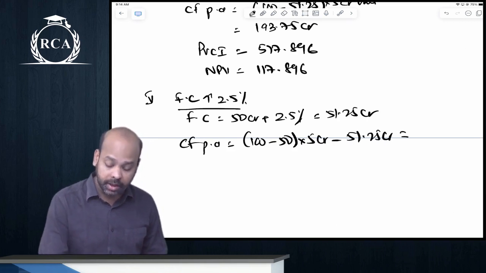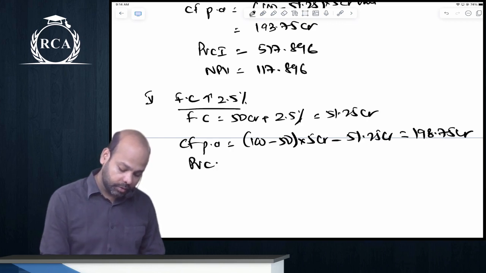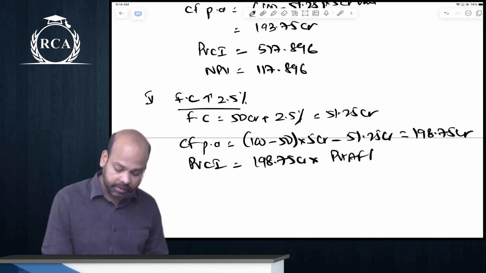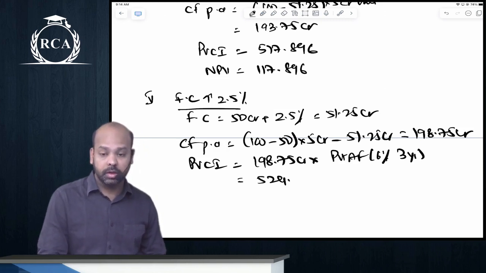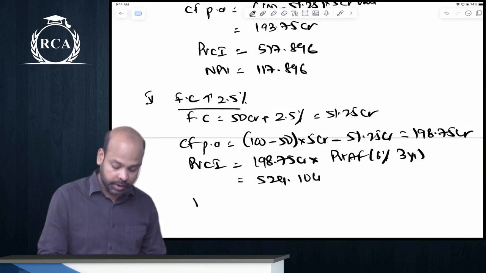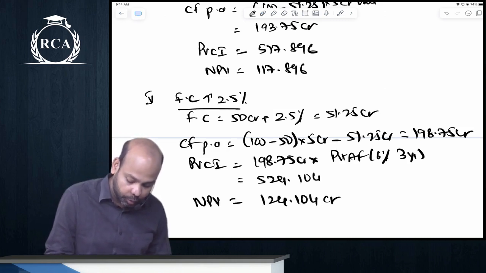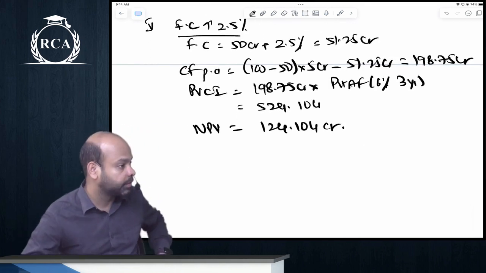So it will become 198.75 crores. PVCI beta will become 198.75 crores multiplied by PVAF at 6% for 3 years. कितना है बेटा ये? 524.104. Therefore your NPV beta, because your initial investment is constant, will be 124.104 crores. Everyone got this? क्या वो अलग आंसर आया?